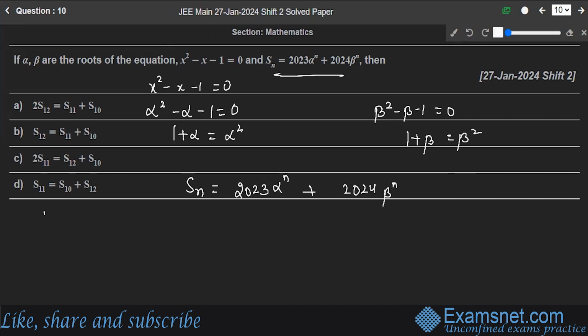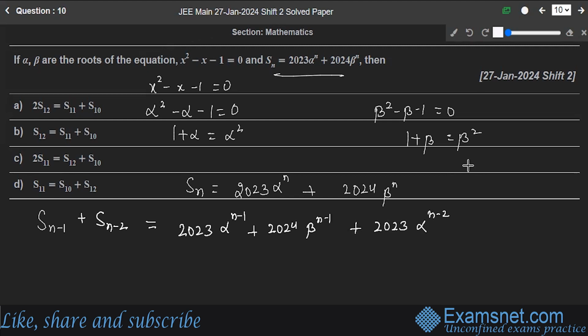Let's do this thing. Sn minus 1 plus Sn minus 2. This will be equal to 2023 alpha power n minus 1 plus 2024 beta power n minus 1, plus 2023 alpha power n minus 2 plus 2024 beta power n minus 2.